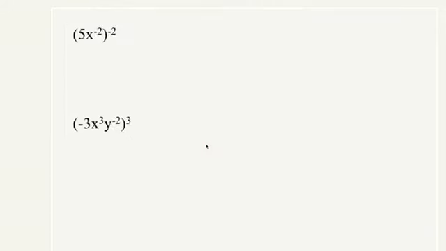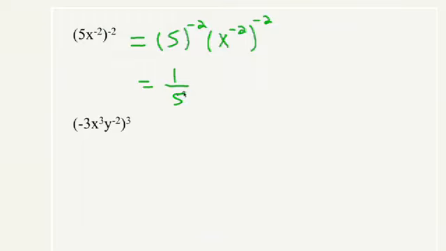All right, so here's a problem like this. 5 times x to the minus 2, all to the minus 2 power, is 5 to the minus 2 power, and x to the minus 2 to the minus 2 power. And 5 to the minus 2 is the same as 1 over 5 to the positive 2 power.